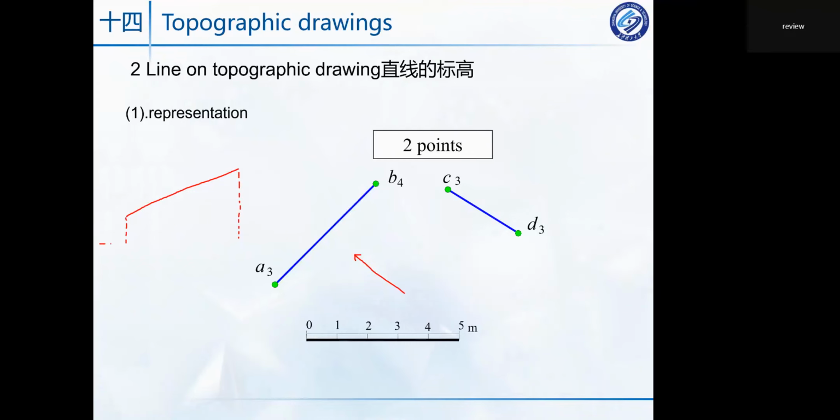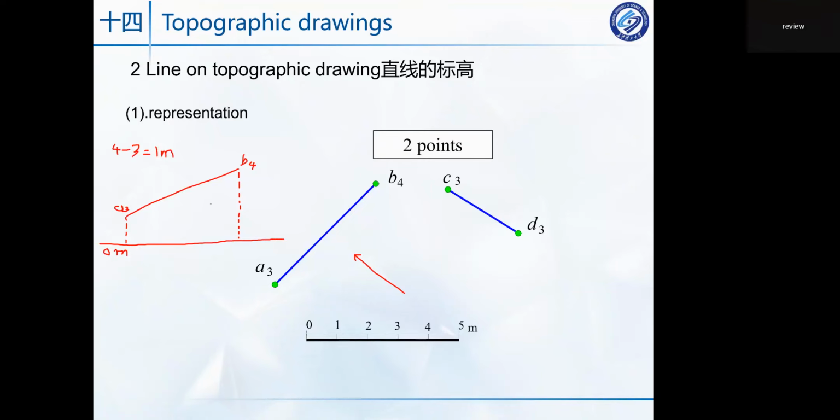This line means 0 meter elevation, and this one is A3, and this one is B4. So now you can see the difference of the elevation between these 2 points. It's easy for you to calculate. The difference is 4 minus 3, equal to 1 meter.